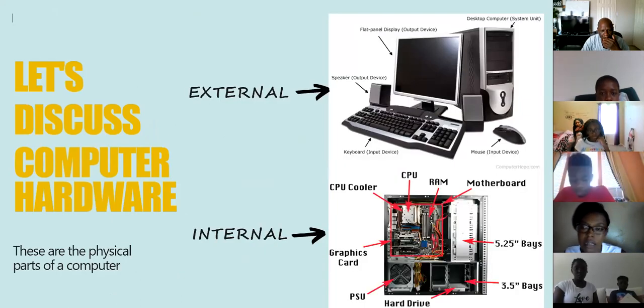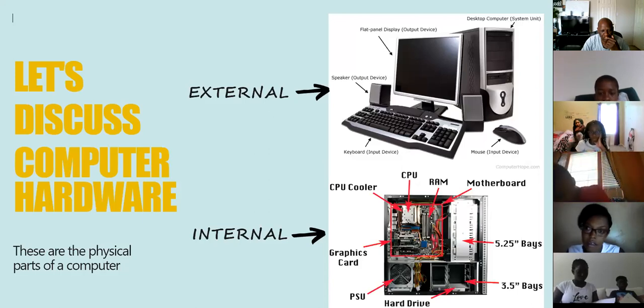So we looked at the parts of a computer. Here they are, the external parts. You said the external parts are what we can see, and the internal parts are the parts inside the computer that are not open. So the external parts are labeled: the monitor, keyboard, and speakers.